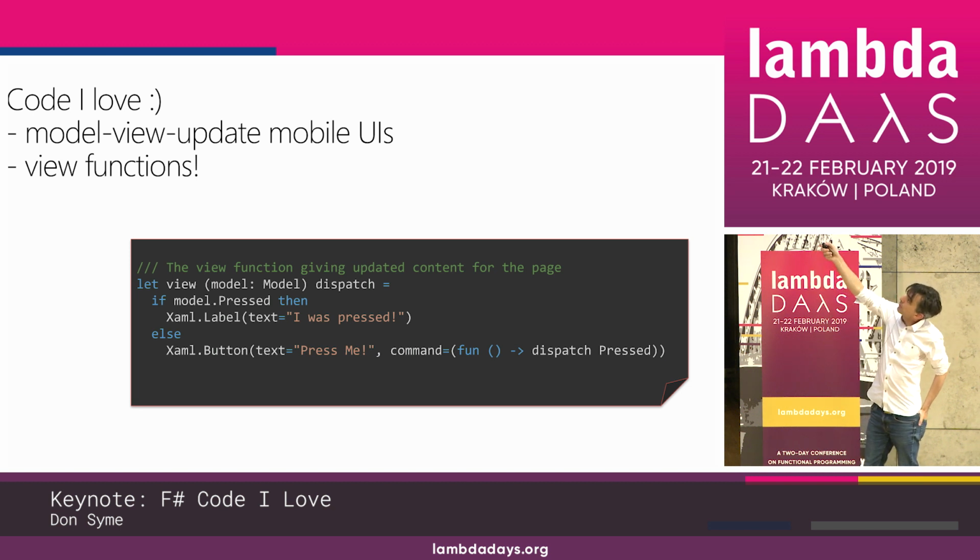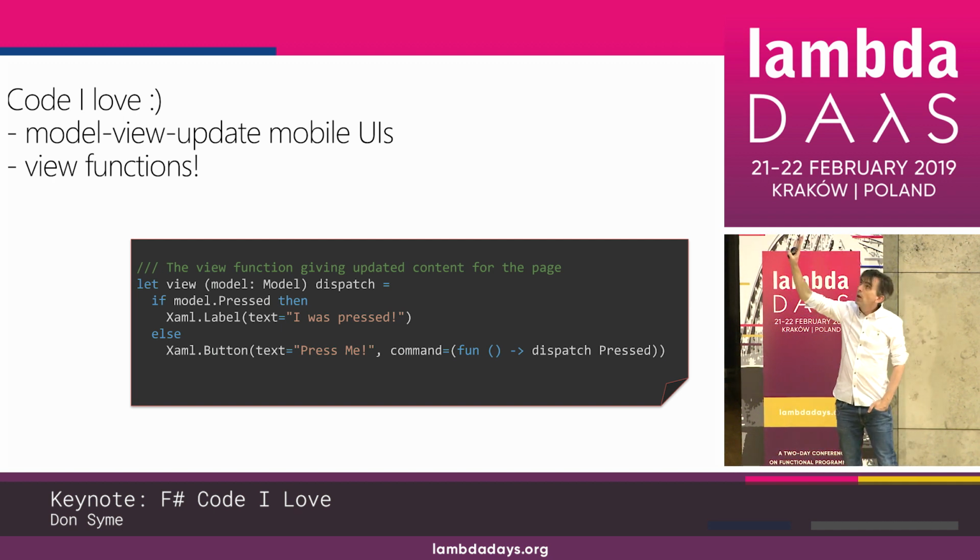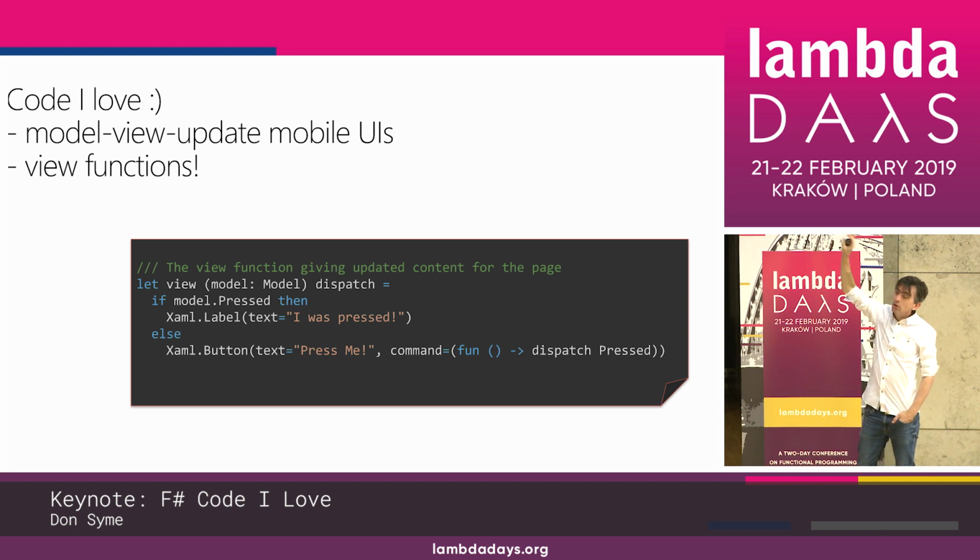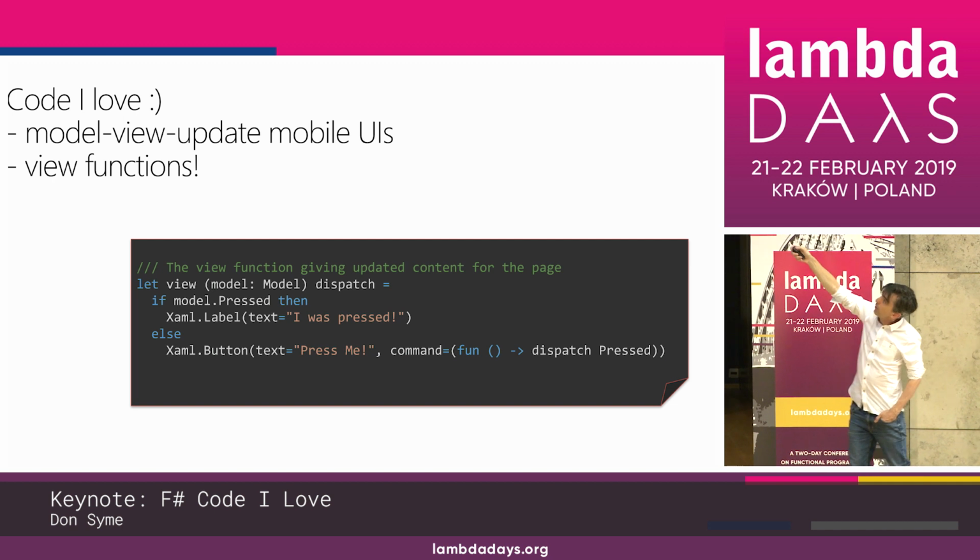Now this bit of code is taken from a system that I worked on last year called Fabulous. It's out and open source, and it's a mobile programming framework for Android and iOS. This is where we're using functional programming, and we're using what we call the model view update architecture. It's the same architecture used by Elm, and we're taking that to the world of mobile app programming.